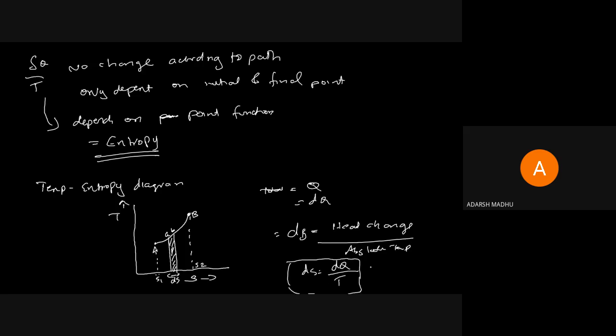Or otherwise, for a reversible process going from S1 to S2, for the full consideration from A to B, we can take the change in entropy as S2 minus S1.